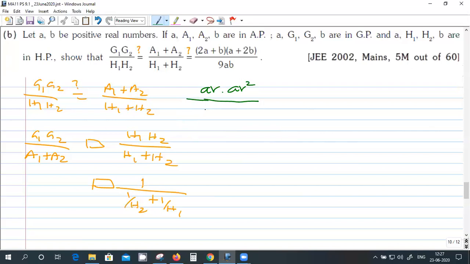And similarly, A1 is A plus D, A2 is A plus 2D. 1 by H1 is 1 by A plus D, where capital D is the common difference of the reciprocals. These reciprocals will have a common difference, right? So that is capital D. And 1 by H2 will be 1 by A plus 2D.